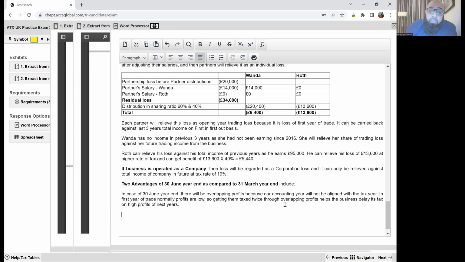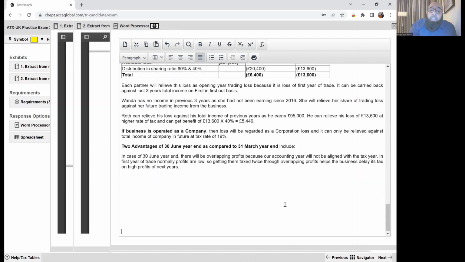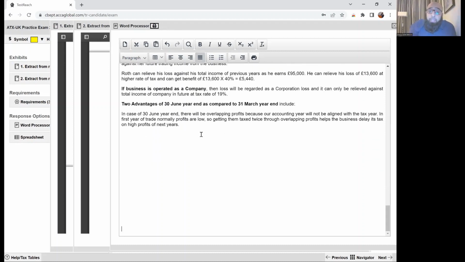Okay, so the first thing is that if we go for 30th June year end, we can delay tax on our high profits of next year, because normally in the first year, the profits are low due to capital allowances on major purchases and due to startup problems.